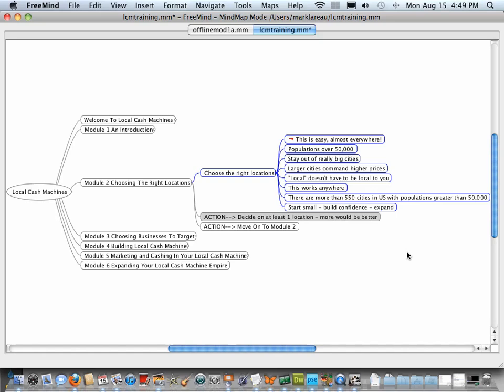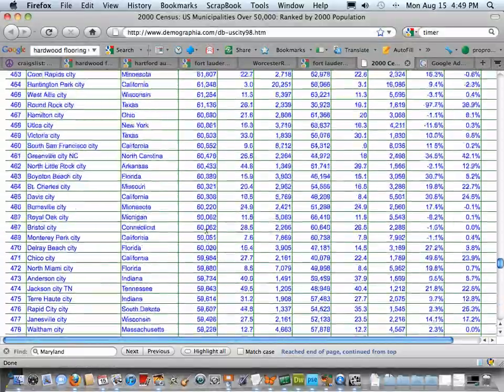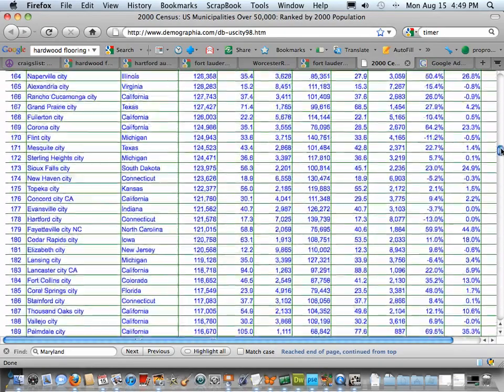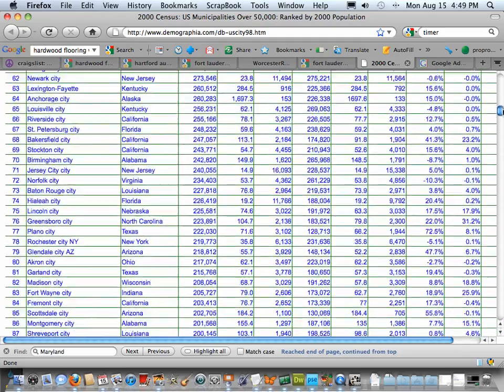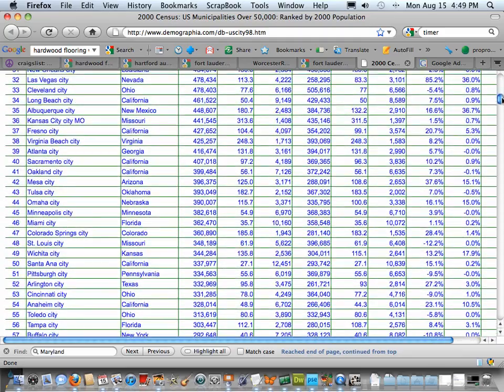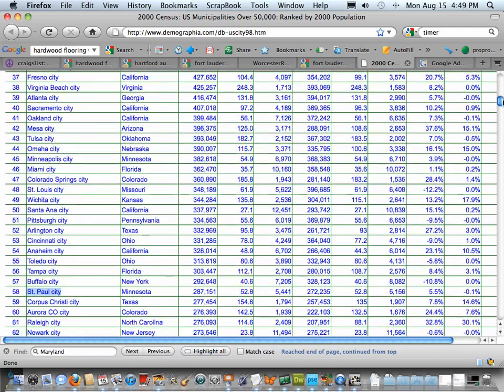So what we're looking for is populations of more than 50,000, and you want to stay out of the first, maybe 50, maybe 30, depending on your abilities. When you're just starting out, stay out of the first 50 cities.